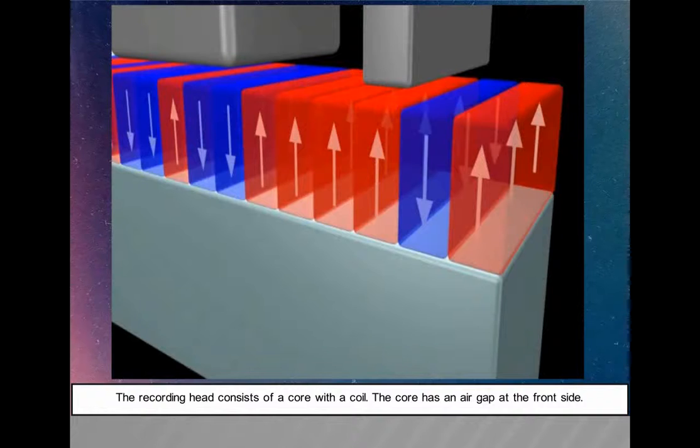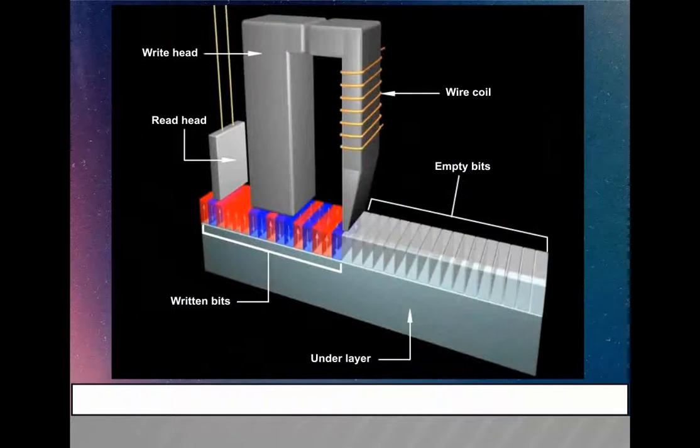The recording head consists of a core with a coil. The core has an air gap at the front side. Magnetic tape recorder consists of write head, read head, wire coil, empty bits, written bits, underlayer.